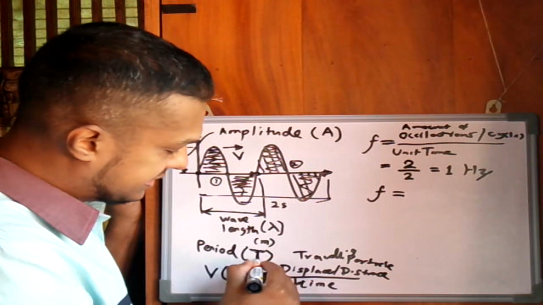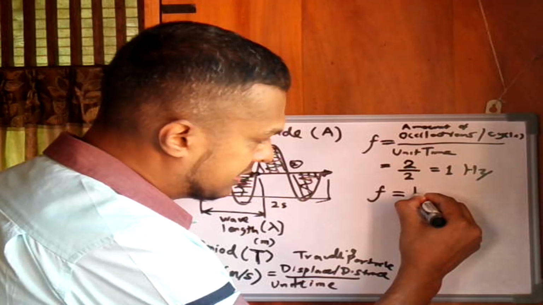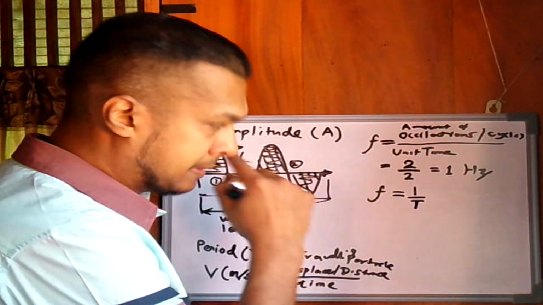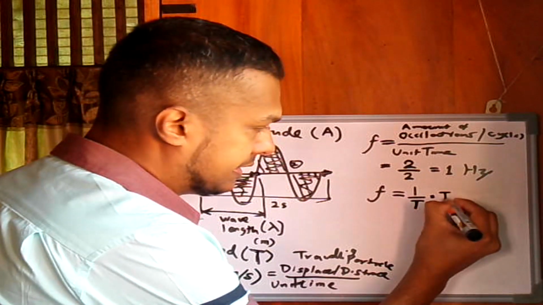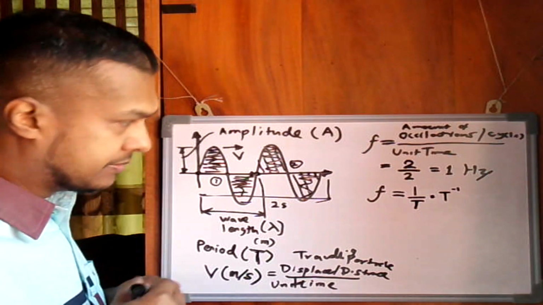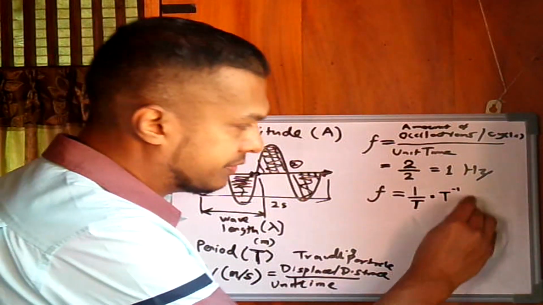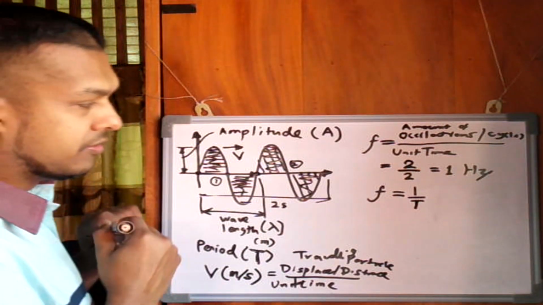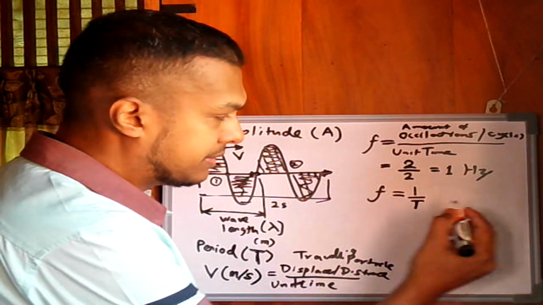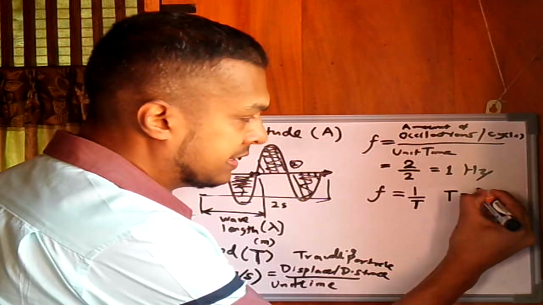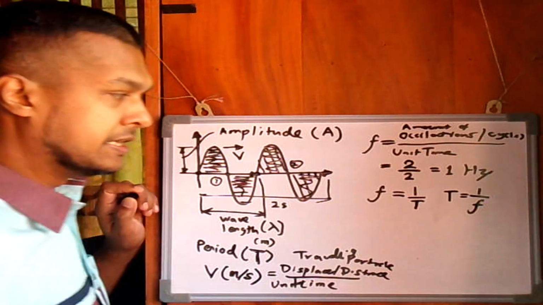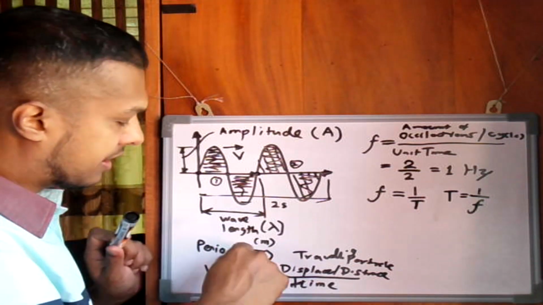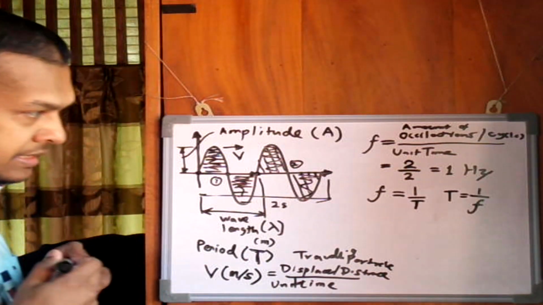So period is T, so the inverse of the period is 1 over T. Or you can call it T to the minus 1. But generally, without confusing ourselves, it's better to write 1 over T. Or we can cross multiply this. We call period equals the inverse of the frequency. Same thing. So that's how we relate the frequency to the period.